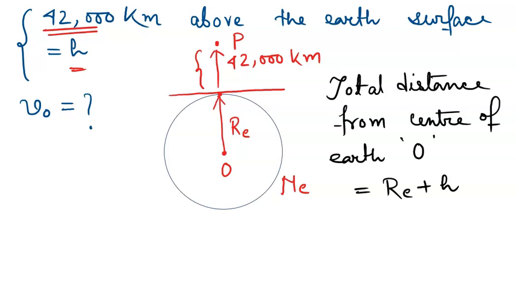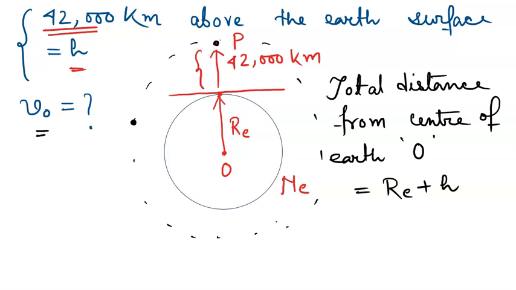Clear? Now what is this orbital speed? Suppose the communication satellite is at point P and it is having speed V0. So it's an orbit, and in this orbit, suppose the speed is V0. If we consider the object at point P, we can also consider it as a satellite.